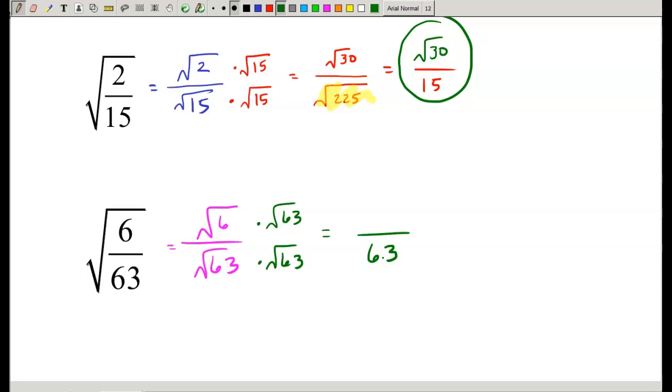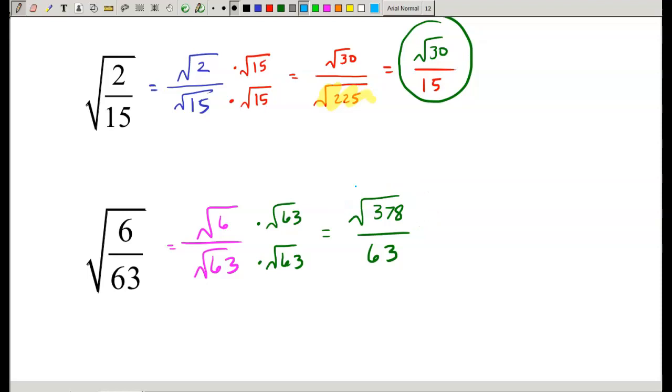The top would become 63 times 6, which is 378, or root 378. And so now you might be thinking, all right, this is good. The bottom is not a radical, so this must be in simplest form. However, if this square root up here can be reduced any further, you need to do that if you're going to put it into simplest radical form.